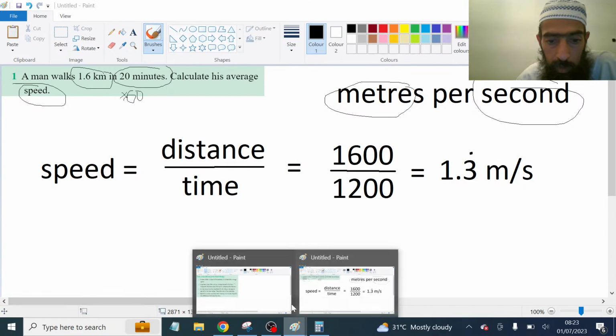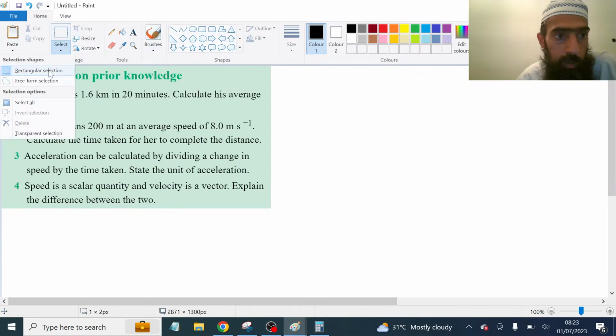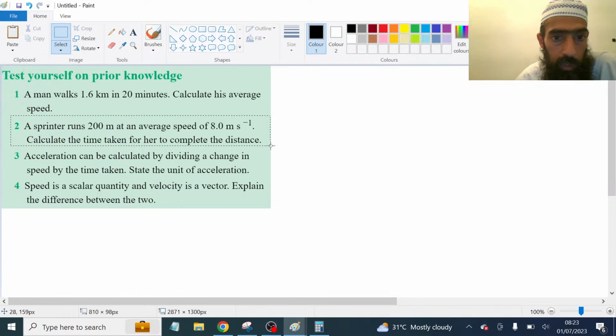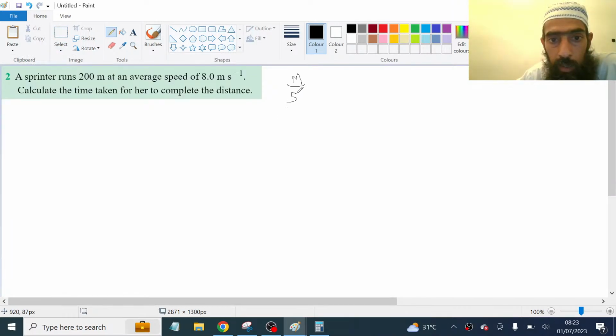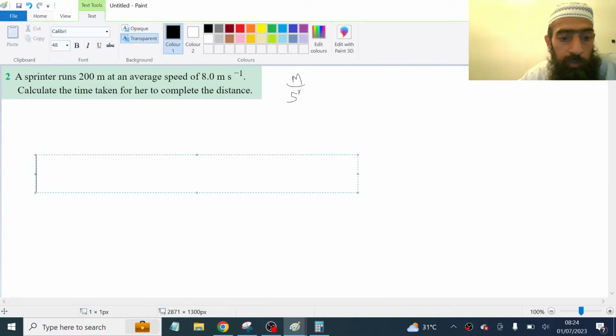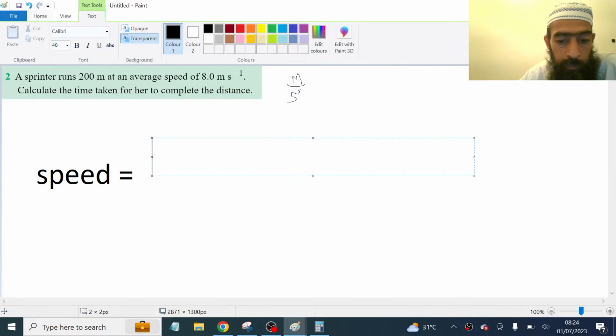And next one now is a sprinter runs 200 meters at an average speed of 8, the power 1 we can just ignore, so it's meters per second. Calculate the time taken for her to complete the distance. Let's start with the formula we had before. Speed equals distance divided by time.